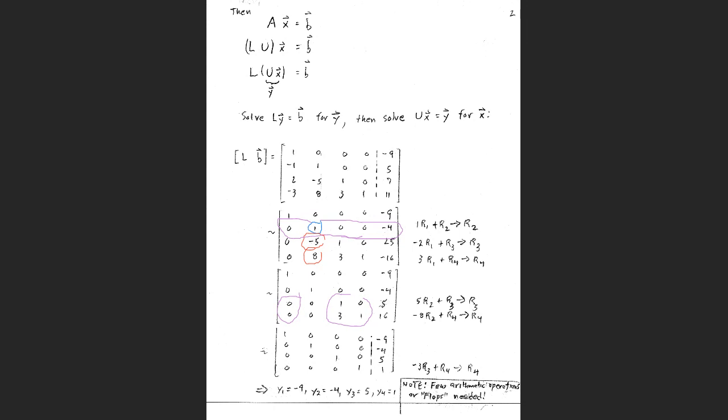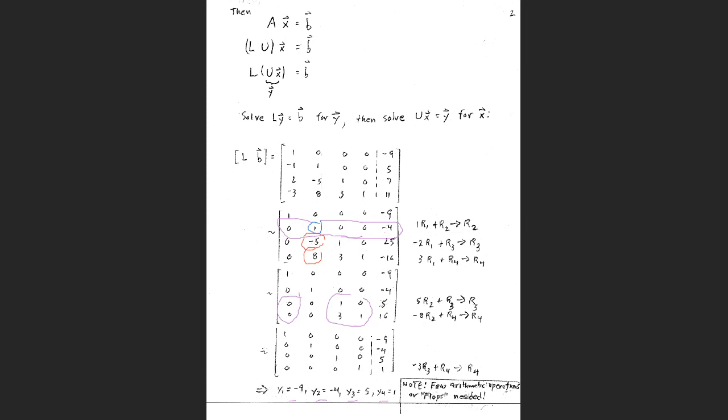And in the end, of course, you're going to get y1 equals -9, y2 equals -4, y3 equals 5, and y4 equals 1. And so now you know the vector y.